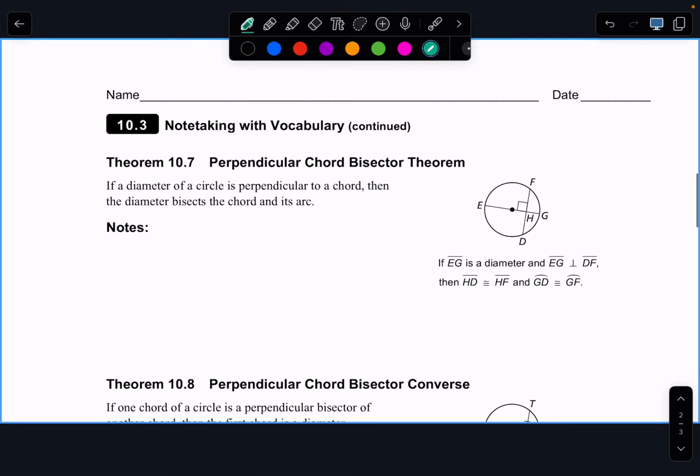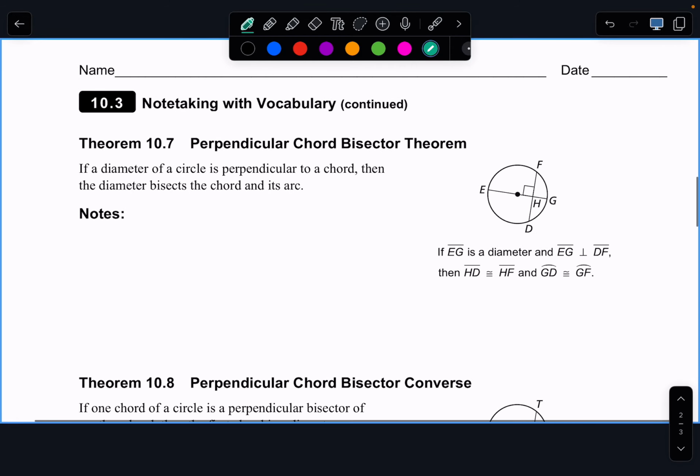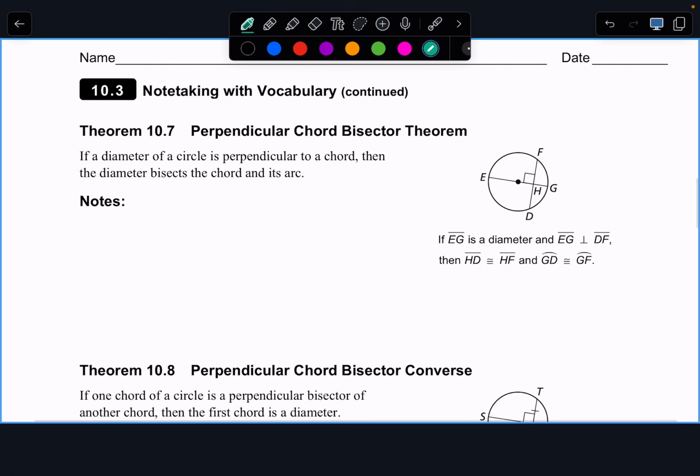We're going to go to the top of the next page and look at the perpendicular chord bisector theorem. Okay.